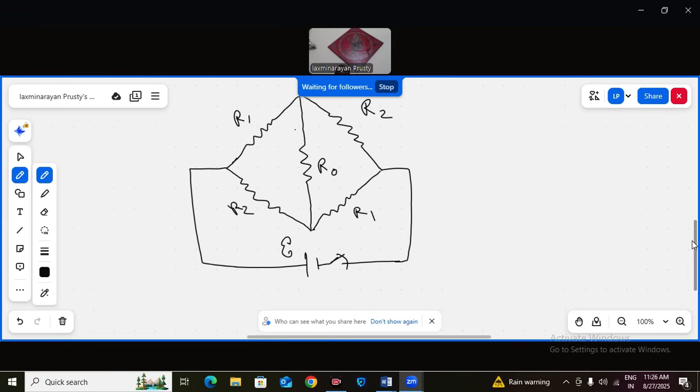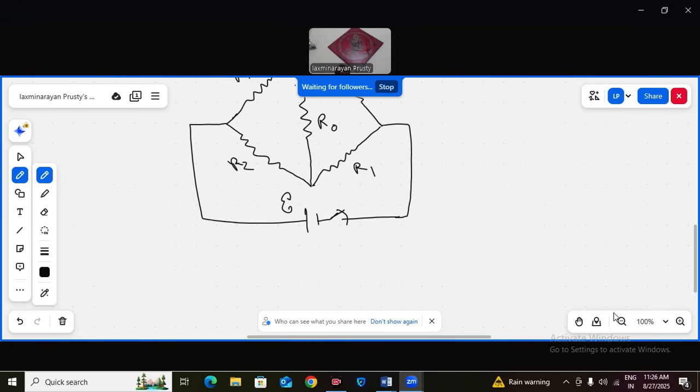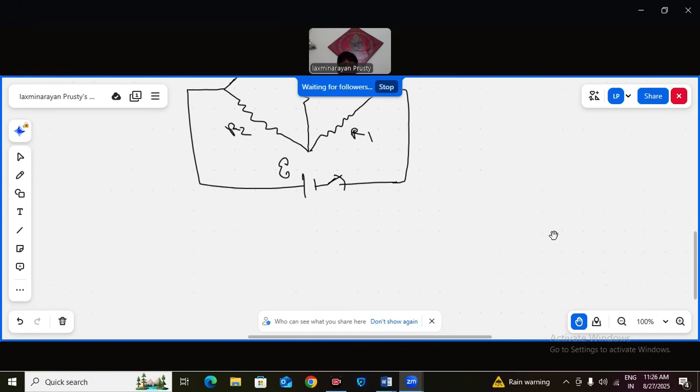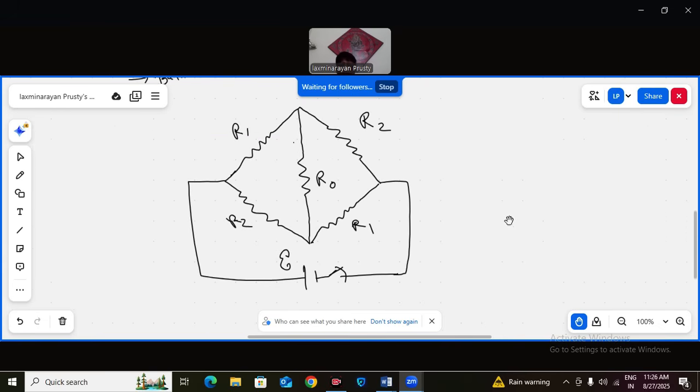Are you observing whether it is balanced? R1 by R2 is not equal to R2 by R1 in general. Yes or no?